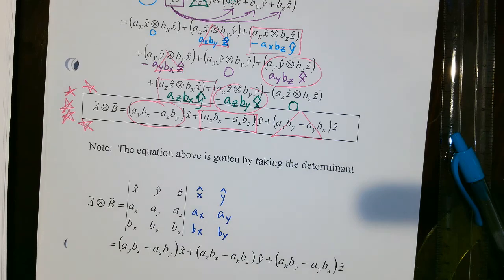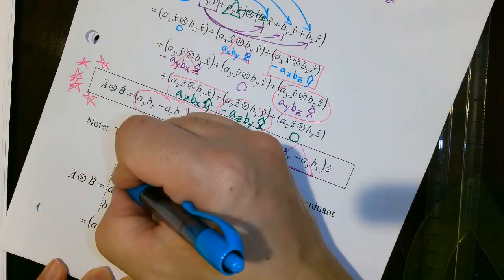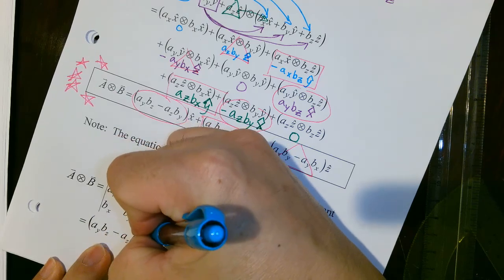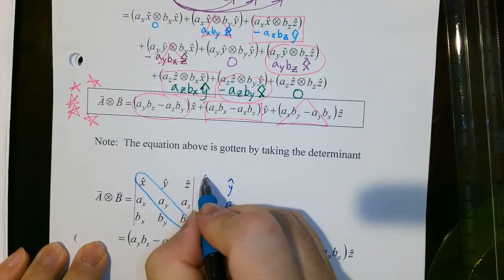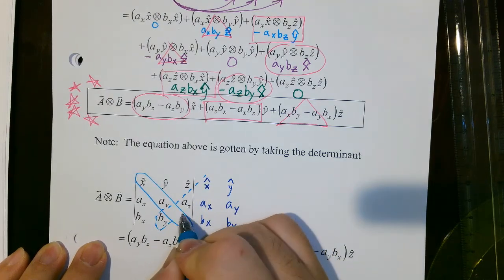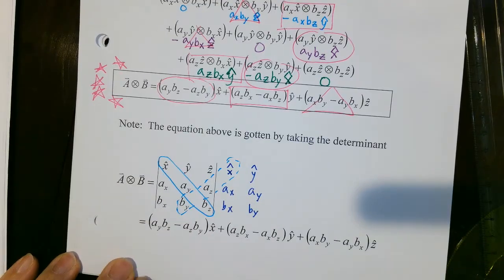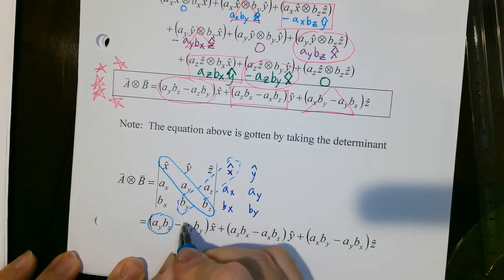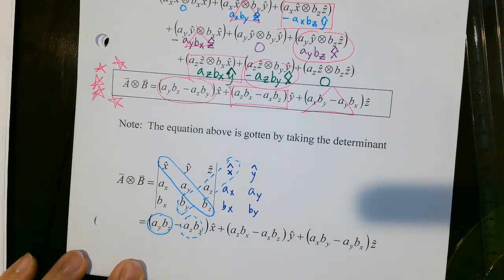So when you do matrices, you do this minus that, right? So it's this minus that.